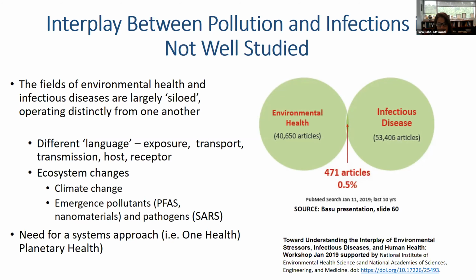And this is really despite the fact that environmental and infectious disease global health burdens are very high. We heard about that earlier related to infectious disease, but certainly the impacts of environmental health related diseases also are large as well. But there's some challenges also to merging these disciplines.